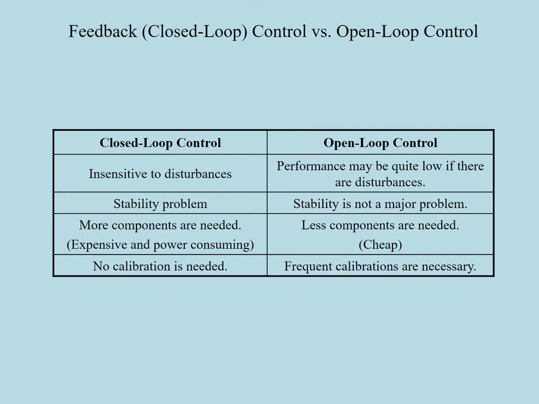However, closed-loop control systems would hardly require calibrations. As we shall see in the forthcoming videos, one of the major advantages of feedback operation is to make the system insensitive to variations in the plant dynamics. Open-loop control, on the other side, may require frequent calibrations of the controller.